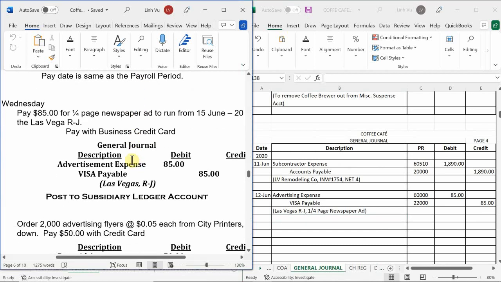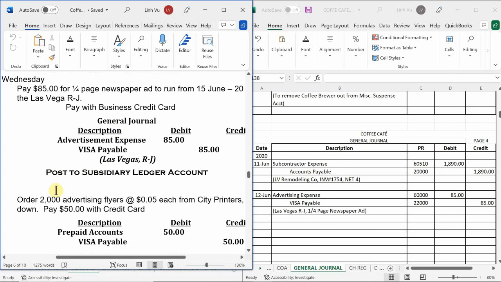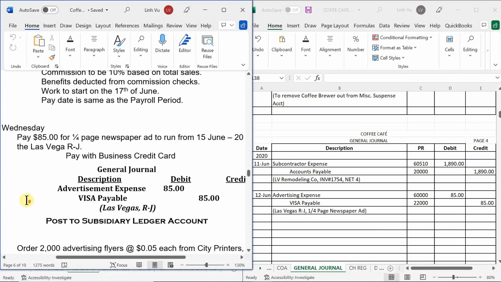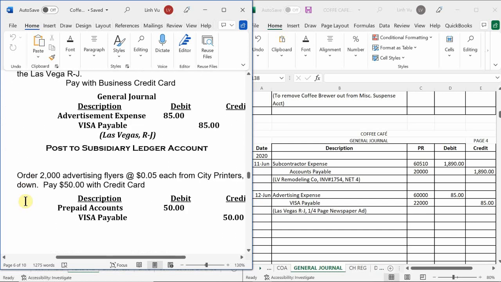All right. So now that I finished my ad there and I paid, here's what also happened on the 12th. I ordered 2,000 advertising flyers, which cost me 5 cents per flyer, and I purchased this from City Printers.